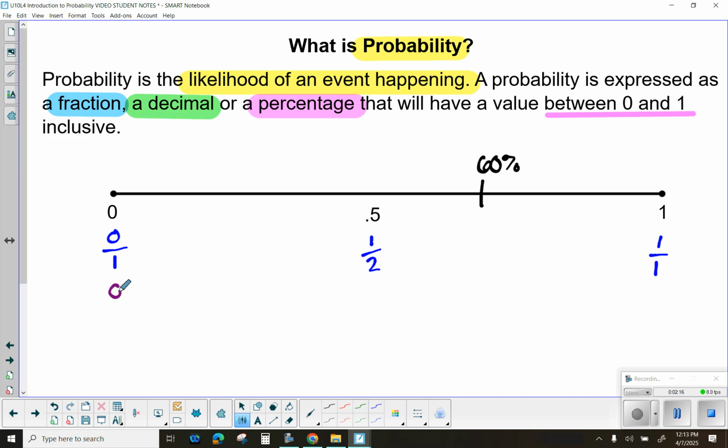So this would be a 0% chance of something happening, okay? This is a 50% chance of something happening. And this is a 100% chance of something happening, right? So all three of these answers would be correct because we can show them in any one of those forms.